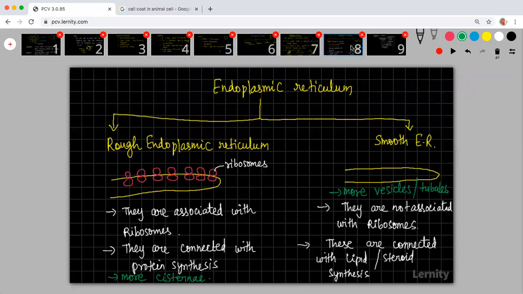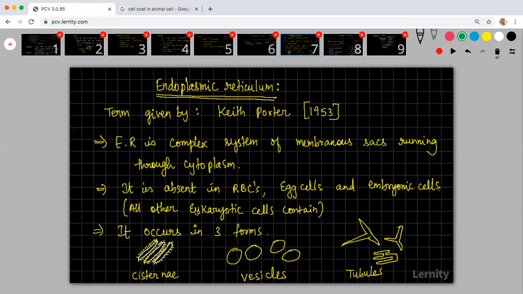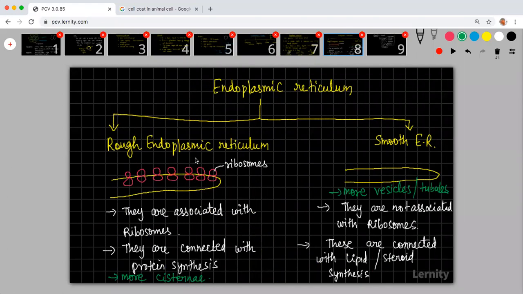We have studied the three forms now. Out of the three forms, cisternae is found maximum in rough endoplasmic reticulum, and smooth endoplasmic reticulum is more of vesicles and tubules.